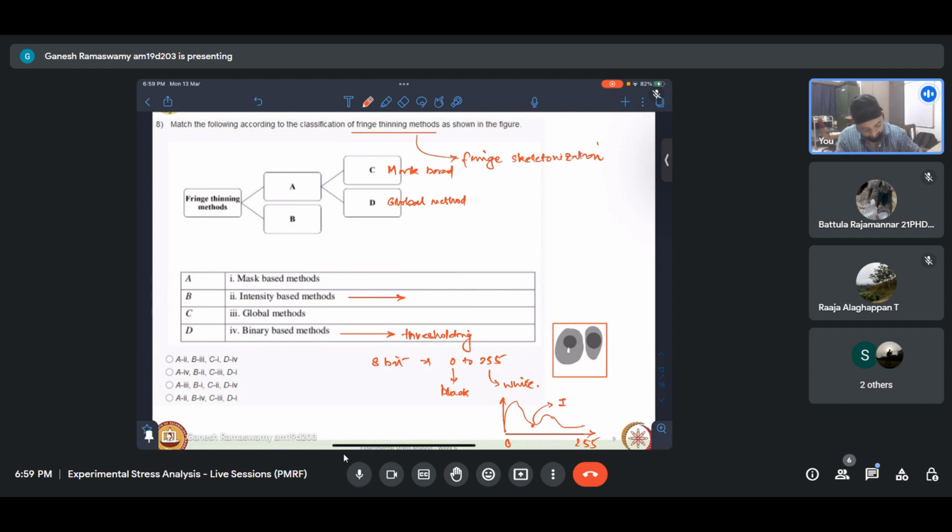So these are intensity based, and this is binary based. Now, all these are in order to obtain our fringe skeletonization. Why do we want to obtain that? Because we want to pick points and maybe run least squares analysis or whatever our application may be. For example, for F sigma also we could be using that.